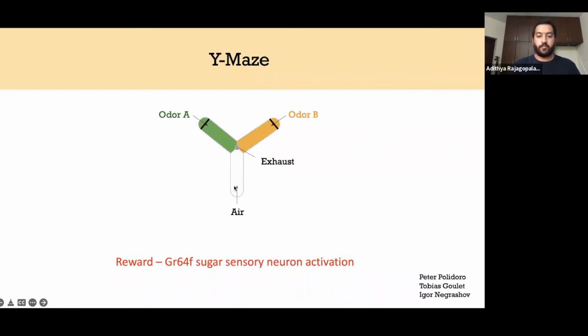Depending on the fly's initial location, the arm that the fly is in is filled with clean air, and the other two arms are given two different odors. The fly gets to choose between the two odors and make its way up one of the arms. If it crosses a threshold, defined here by a black line, it is rewarded. And we reward the flies by activating sugar sensory neurons using Chrimson, which is a channelrhodopsin.